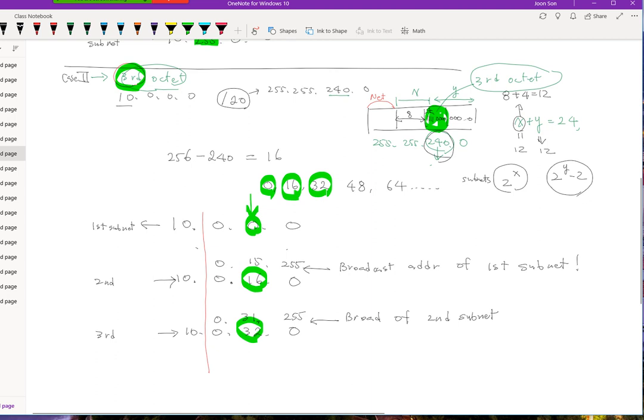Of course, the last usable host IP address is 15.254. The last usable host IP address of the second subnet is 31.254, right? And so on. And then the first usable host IP address for the second subnet is 0.16.1. Okay, by the way, this is the idea, okay?